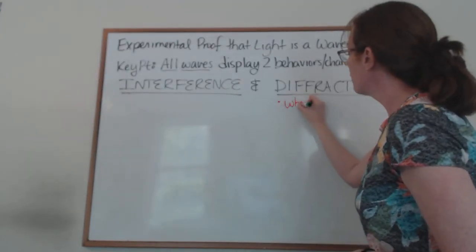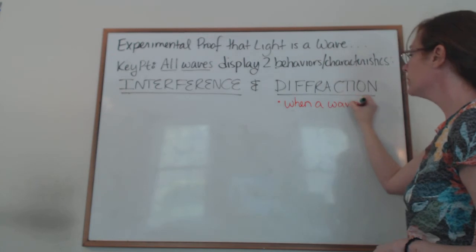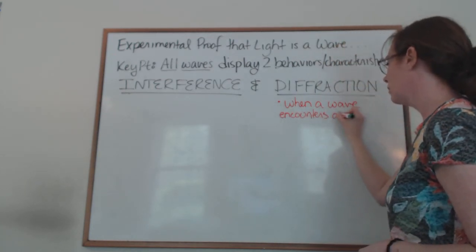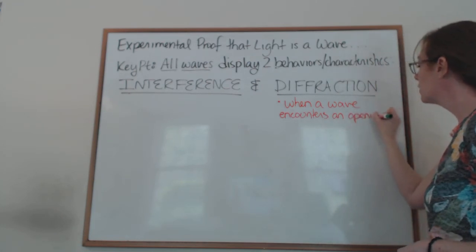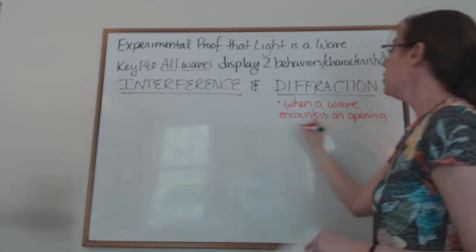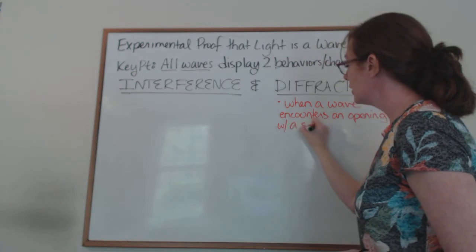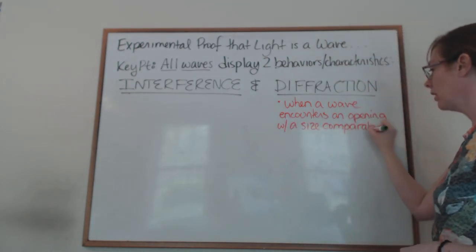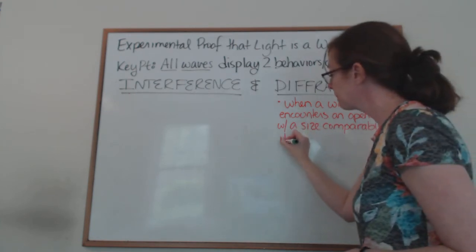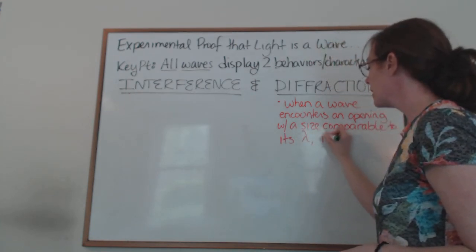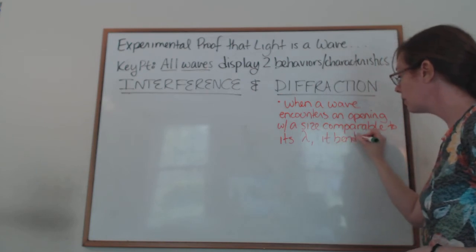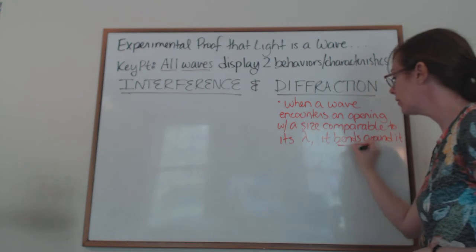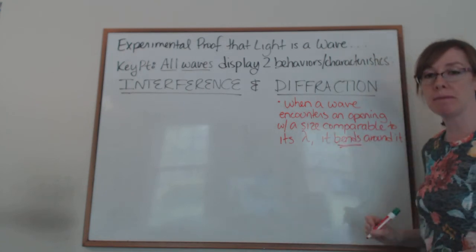When a wave encounters an opening with a size comparable to its wavelength, it bends around it. So bends being kind of like the key word here. So when you think diffraction, just think bends.